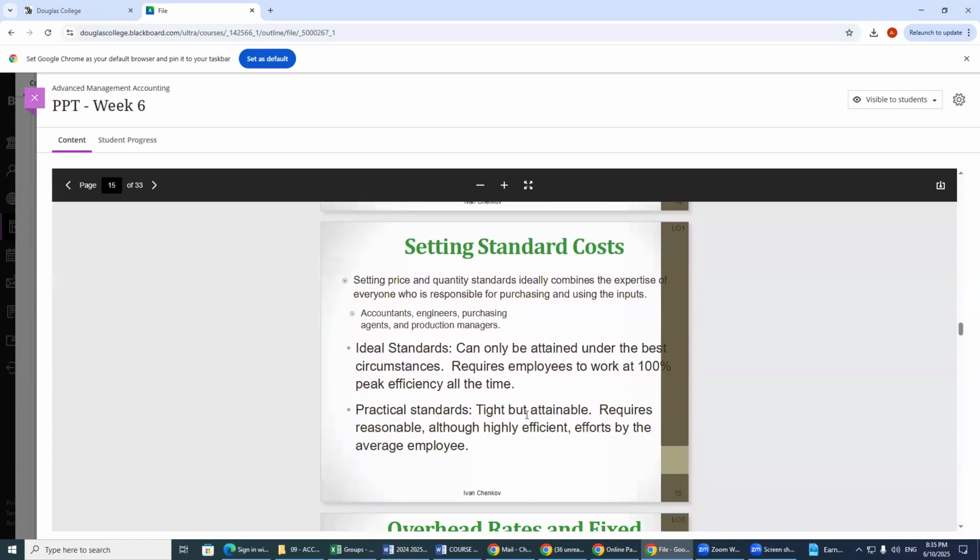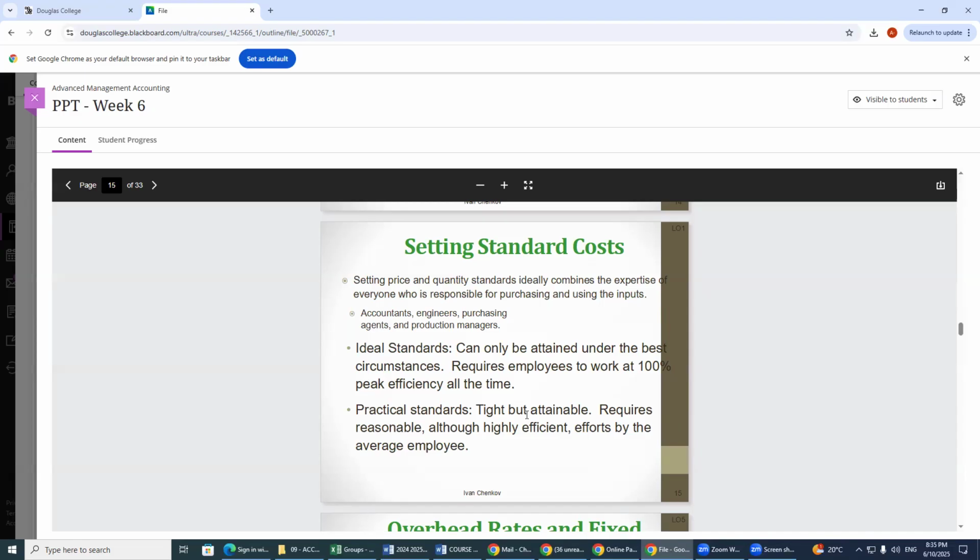By understanding this, we have to set some standards. Standards will be for measuring the activity that happens in the cost pool, and the standards will be about the duration of time it takes for a certain activity to take place, or the number of transactions that happen in that.